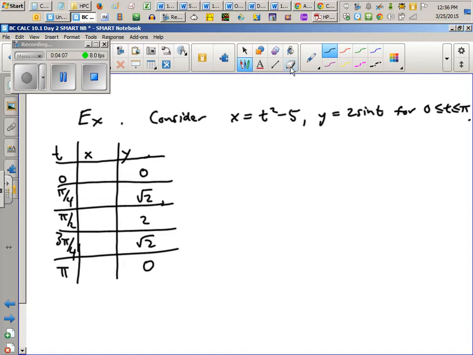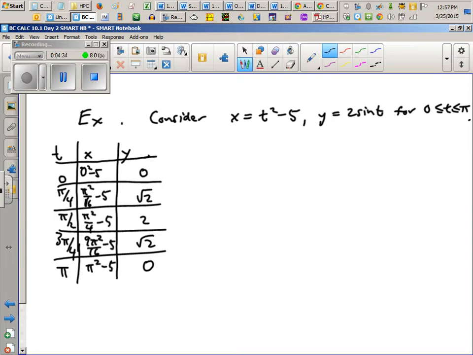Take a look at your x's. Your x's are going to be like 0 squared minus 5, pi squared over 16 minus 5, pi squared over 4 minus 5, etc., 9 pi squared over 16 minus 5, pi squared minus 5. I don't even know what these numbers are, right?